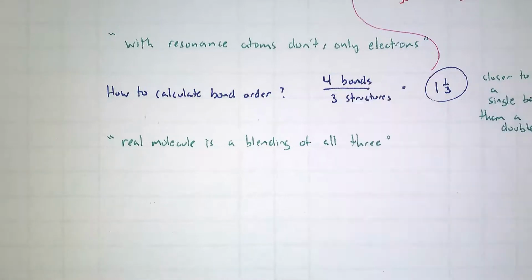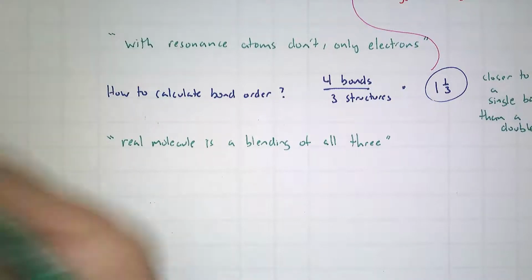If there were 2, then it would be a blending of 2. Now, I was going to use the analogy of a mom and a dad having a kid, right? And the kid would have approximately 50% mom characteristics and 50% dad characteristics.